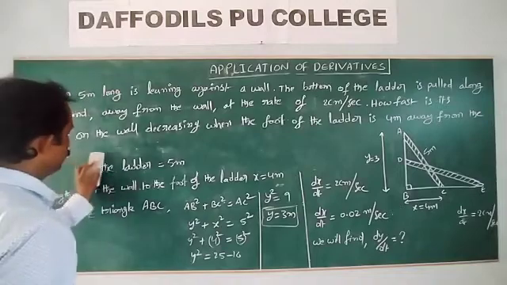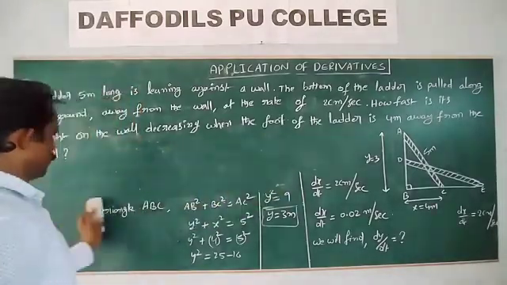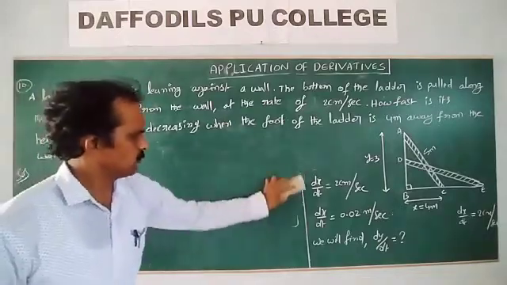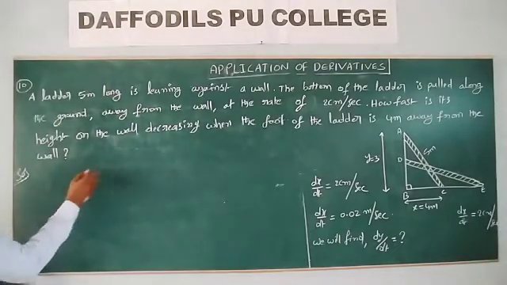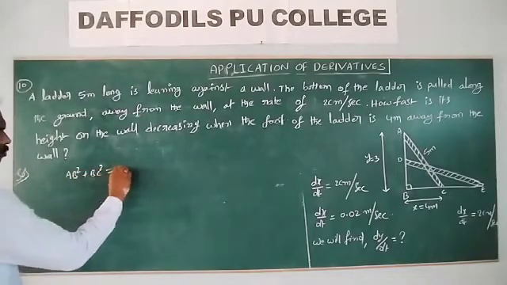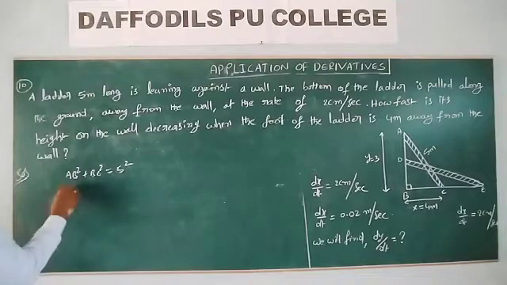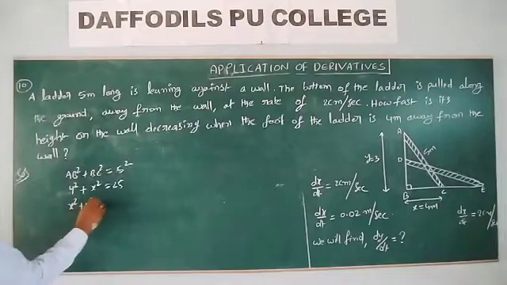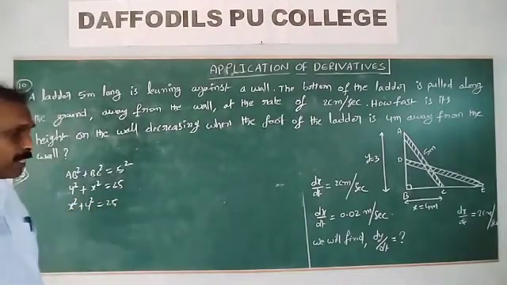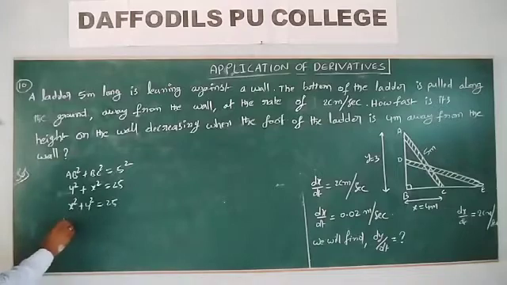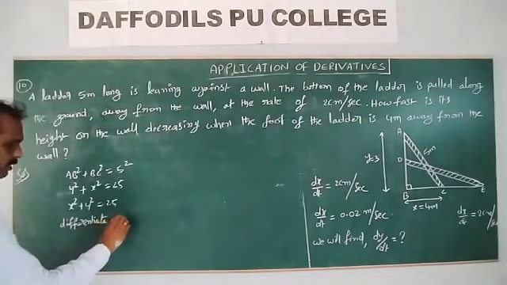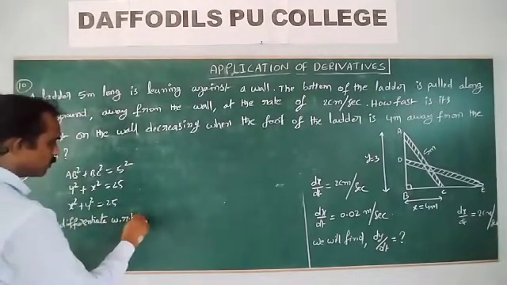Okay, I erase this one. We already know AB square plus BC square is equal to AC square, that is y square plus x square is equal to 25. Therefore, x square plus y square is equal to 25. We want dy by dt, so differentiate with respect to t.